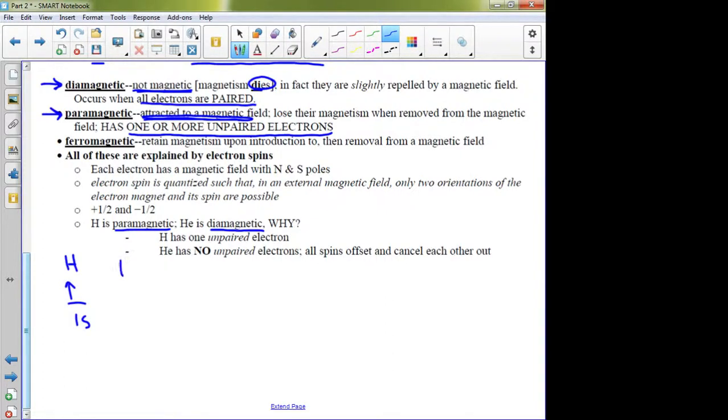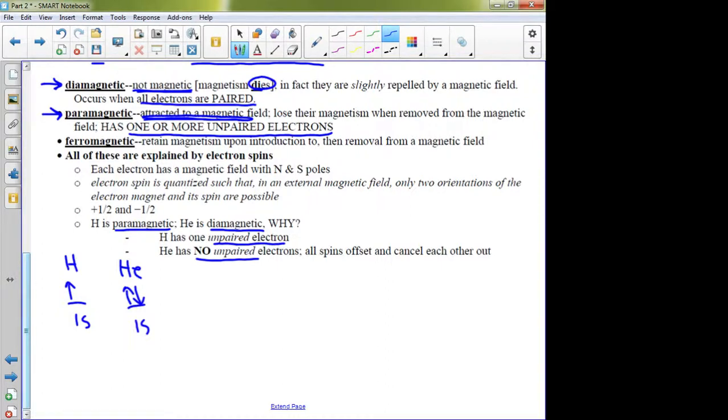And if I drew it for helium, it would look like this. What do we notice about the hydrogen? It has an unpaired electron, and helium has no unpaired electrons. We see it? We feel okay about it?